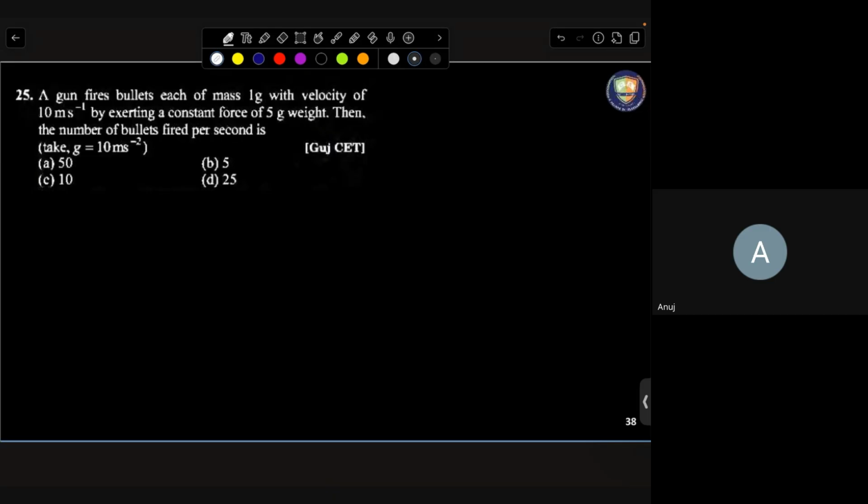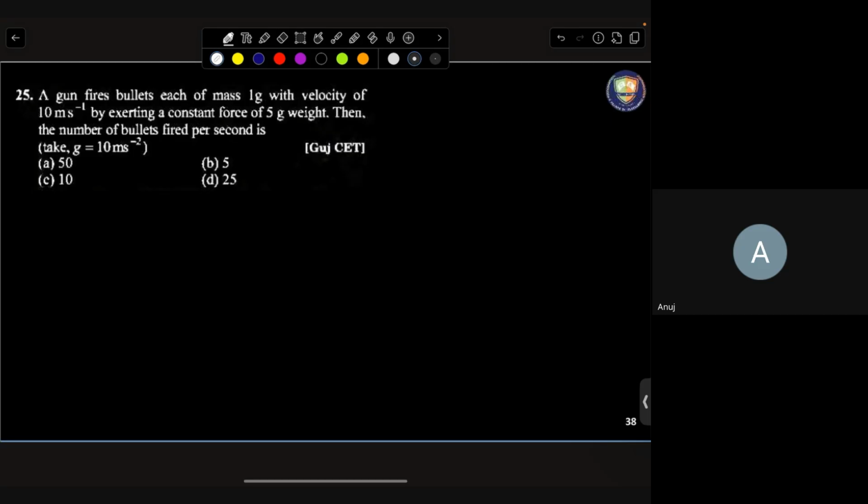B. Yeah, B is the correct answer. So a gun fires bullets each of mass 1 gram with velocity 10 meter per second, exerting a constant force of 5 gram weight.